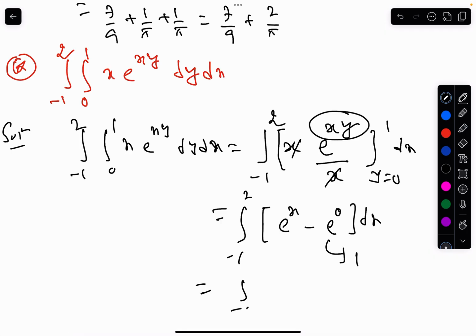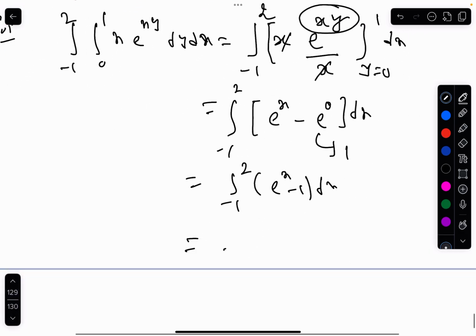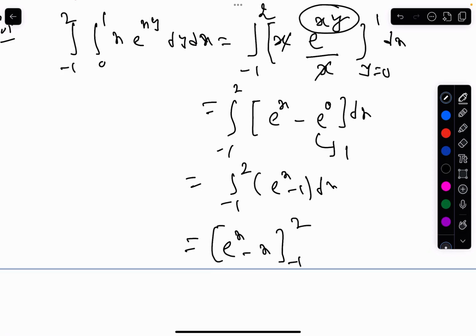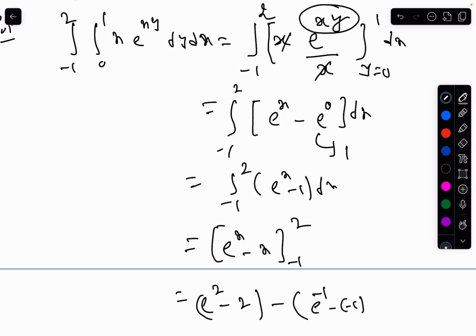So this integration -1 to 2 e power x minus 1 dx is nothing but e power x minus x from -1 to 2. And so now this is e power 2 minus 2, then minus e power -1 minus -1.